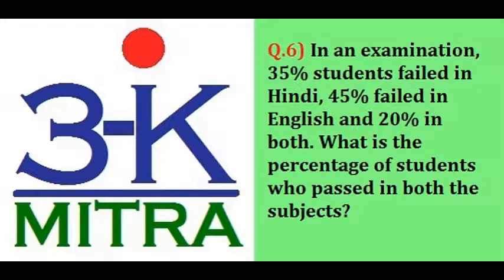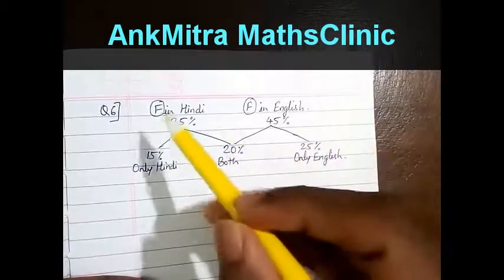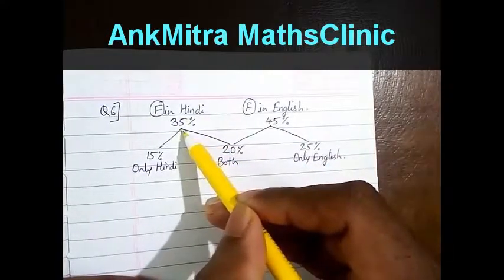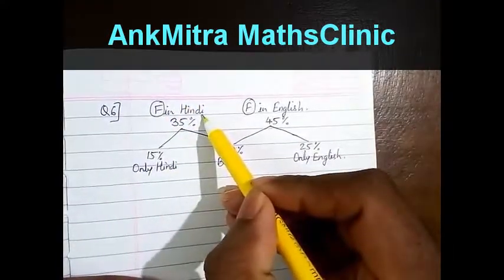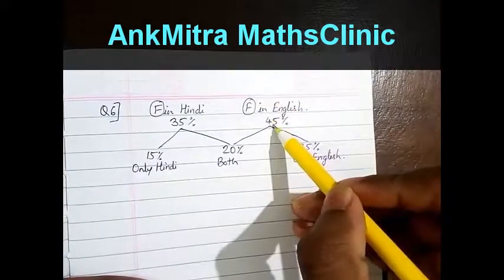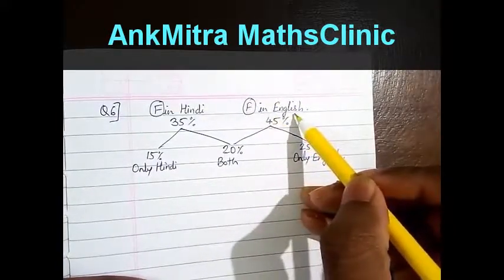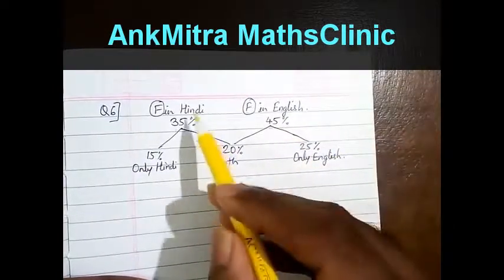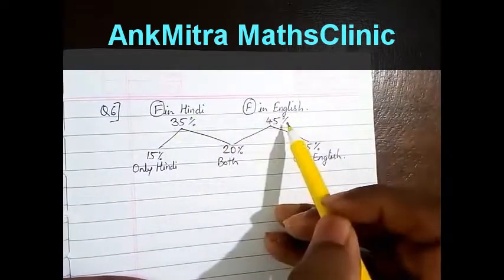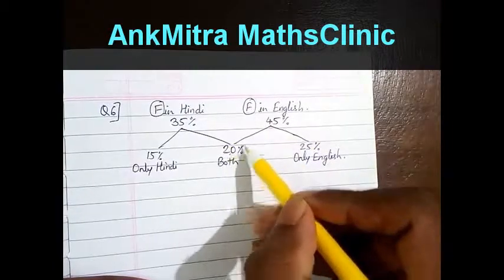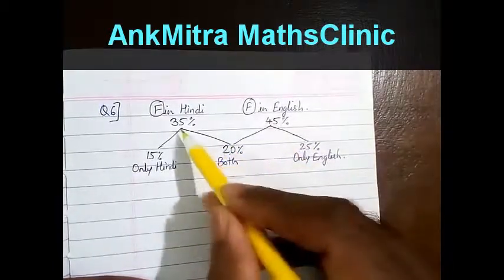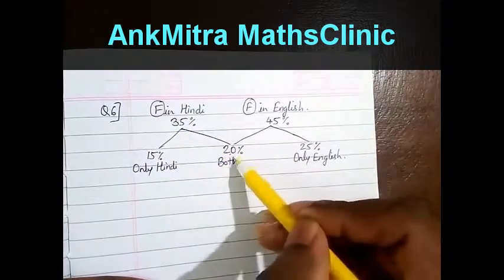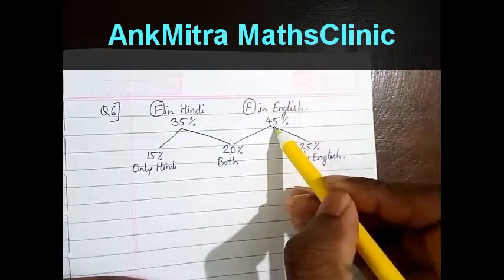In this question, it is mentioned that 35% of the students have failed in Hindi subject, whereas 45% students have failed in English. But it's also given that 20% of the students have failed in both these subjects. So that means these 20% students belong to both these values. So it's included in this 35% as well as in this 45%.